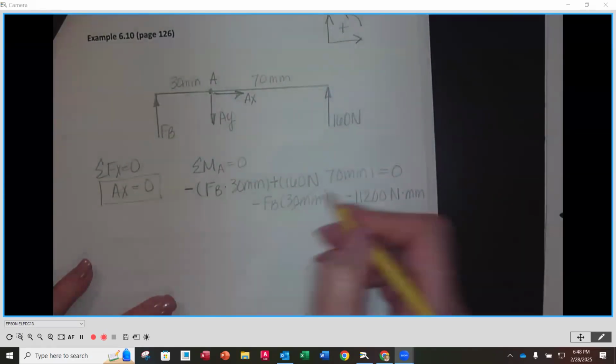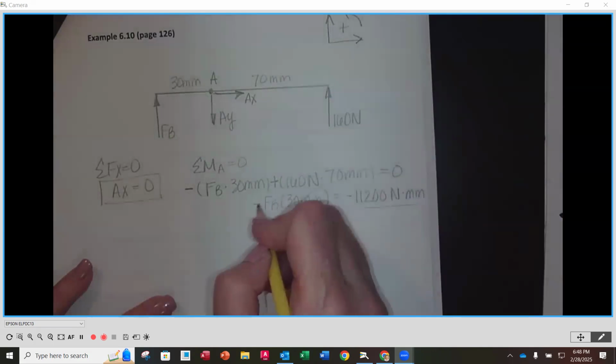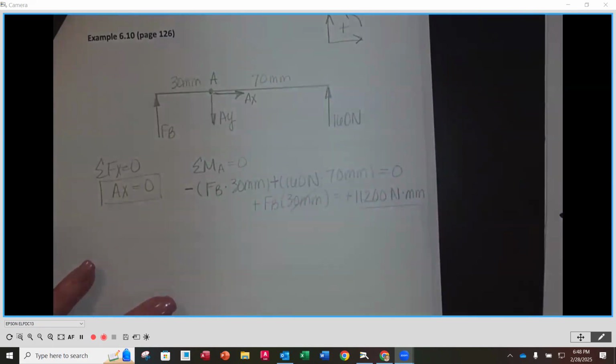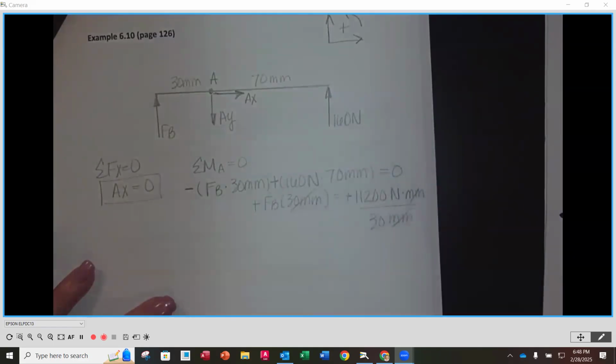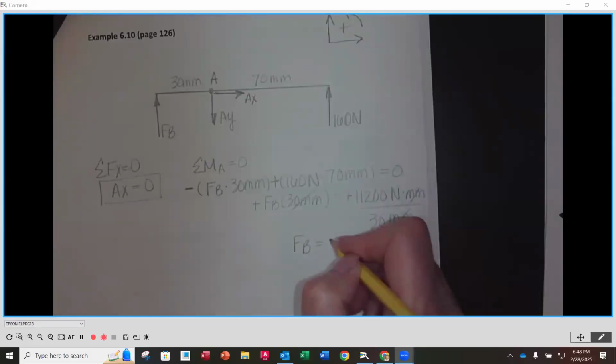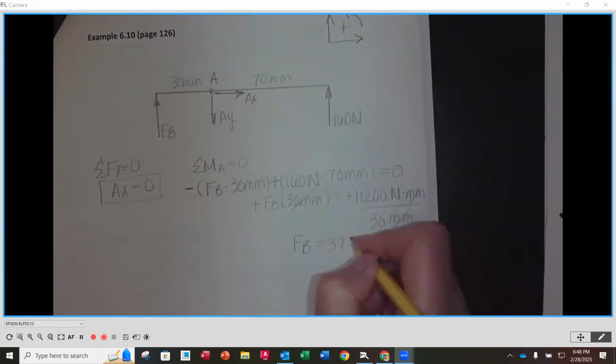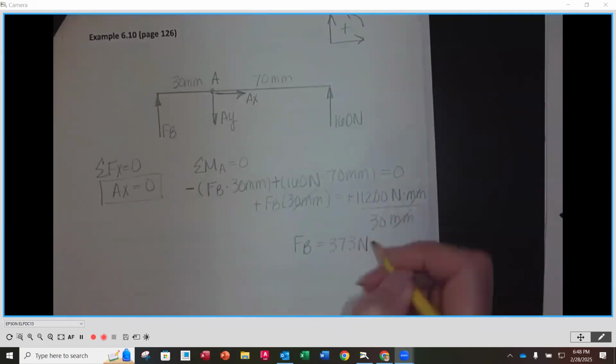Okay. Then I'm going to divide both sides by 30 millimeters. Well, they both become positive right away, right? Millimeters cancel. I'm left with newtons for a force. That is good. So my FB is going to be 373 newtons. Okay.